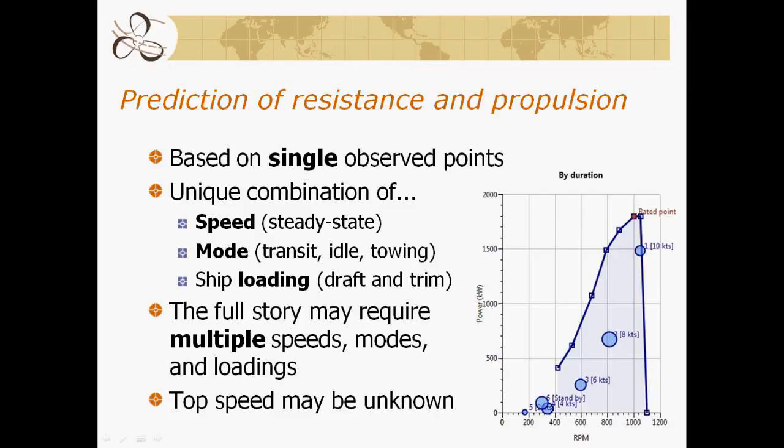So if we don't know what that top speed is, it will take multiple calculations in order to identify and evaluate what that maximum speed will be. So the point of all this is that a prediction of resistance and propulsion for naval architectural design is more than just a single calculation. It can be many, many calculations representing many different individual characteristics and parameters.